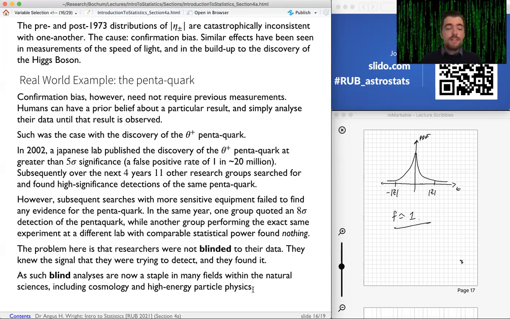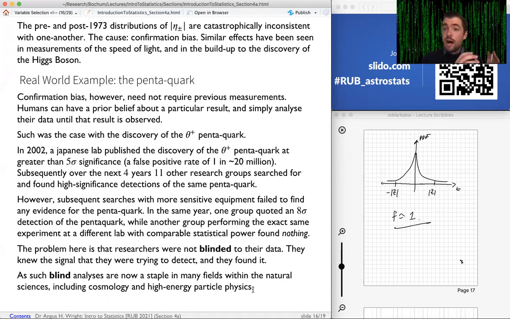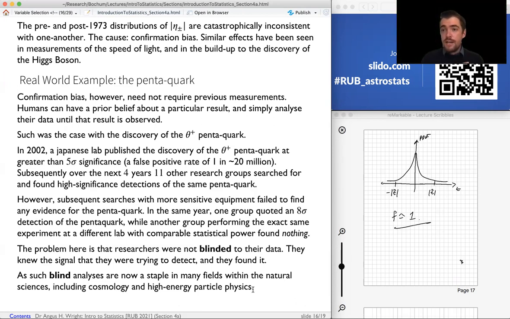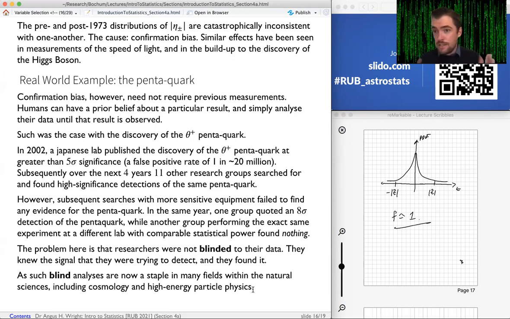What that means is that the methods of doing the statistical analysis are finalized on data that is not the real data, but rather a modification of the real data, which means that your final value is not meaningful.